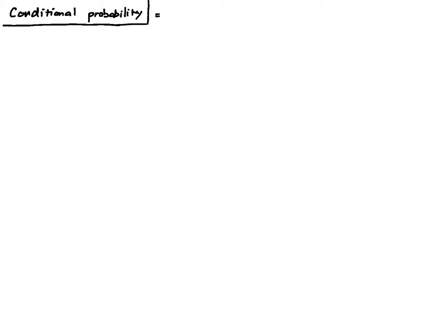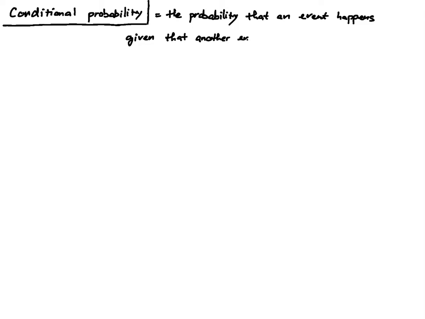It is the probability that an event happens given that another event has happened.